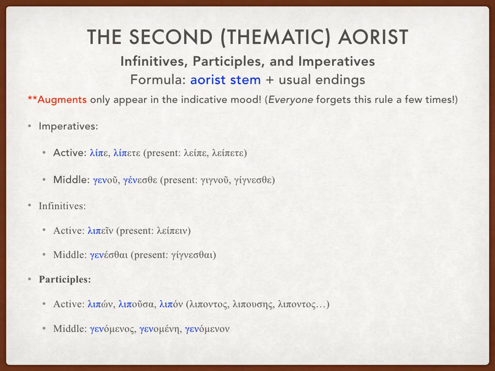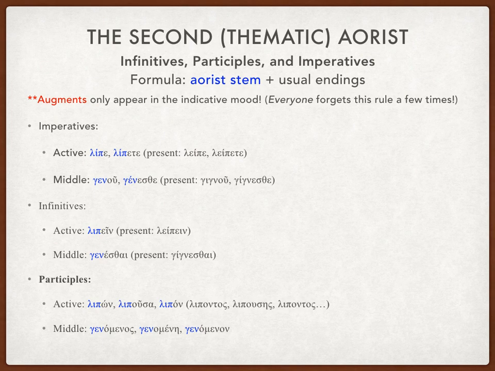In other words, the rule to remember is that the augments, those epsilons at the beginning of aorists, only appear in what we call the indicative mood, when I want to say "I left," or "he left," or "she left," or so forth. When I use these for an imperative, I'm not going to use an augment at all. That's only used for the indicative mood.